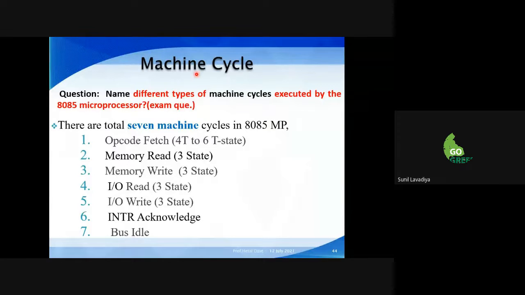If there are no interrupts in the program, then the interrupt acknowledgement is not going to be used, as well as input output also not going to be used. So it depends upon the program, which kind of code is there. Accordingly, the machine cycles are chosen.